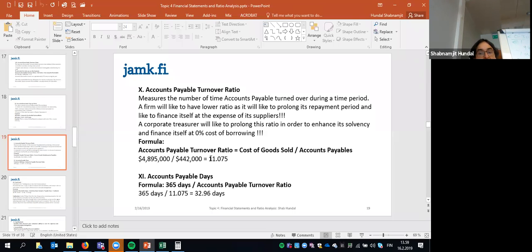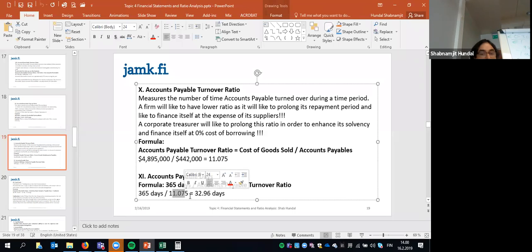And if this ratio is lower, then the accounts payable days would be more. So basically it means that you make your supplier wait for 33 days before you pay them. And that's possible because 365 you can't change, but you can only look for the lower ratio. So if your accounts payable ratio is low, not 11 but let's say 8, then the accounts payable days would be 45, which means that you make your suppliers wait for a longer period.